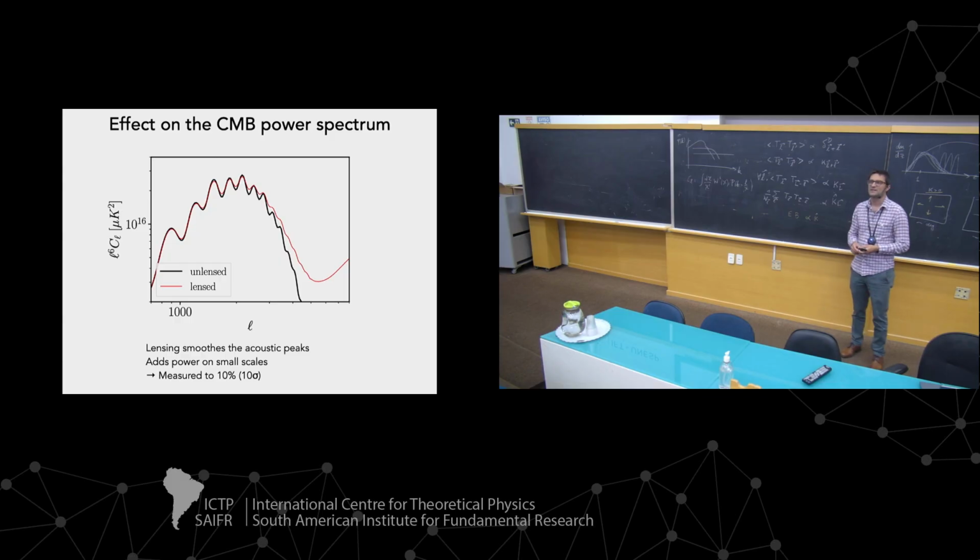And is there any information left on the E-maps themselves, or is everything of lensing transformed into the B-maps? Yeah, no. You can reconstruct lensing from TT, from TE, from EE, and from EB. And so in practice, what is done is you combine all of them together.